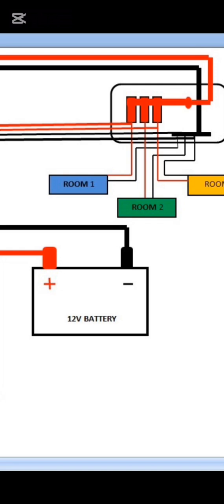The positive bus bar supplies the current to all the miniatures. We have 3 miniatures or circuit breakers connected to the positive bus bar. So they supply the positive current, that is the light current, to room 1, room 2, and room 3 from the main.